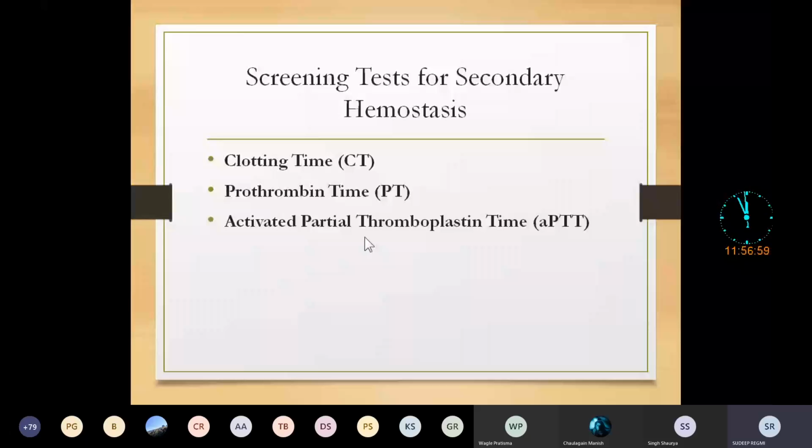Whenever there is either a decrease in the number of platelets, or the function of the platelets is deranged, or there is any problem with the vessels, or there is von Willebrand factor deficiency or deficiency of any other things like GP1B or GP2B3A, then there will be increase in the bleeding time.